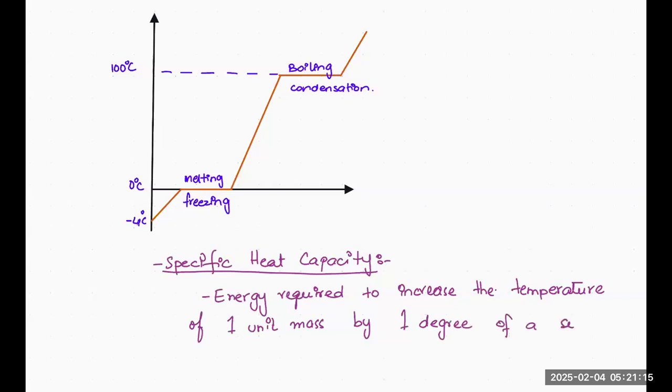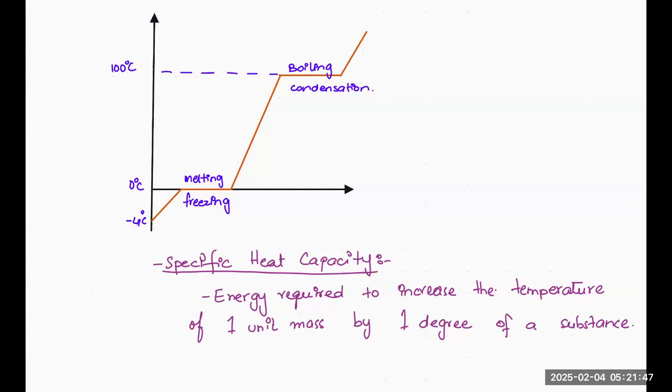So the energy that we need to increase the temperature of 1 unit mass by 1 degree of a substance is referred to as specific heat capacity, meaning that I have, for example, 1 kilogram of water. How much heat energy do I need to increase the temperature of 1 kg of water by 1 degree Kelvin?